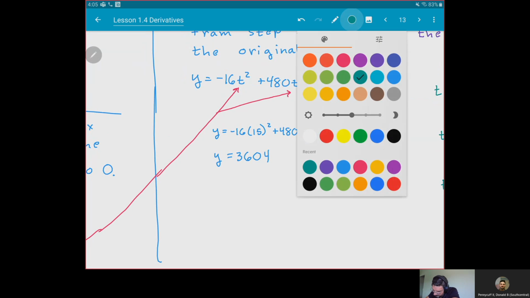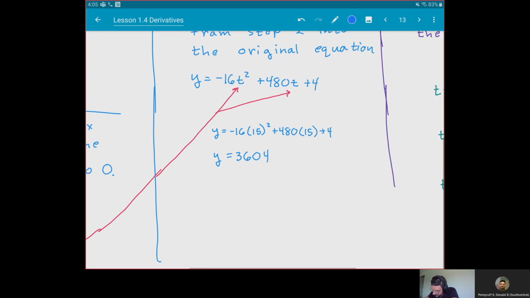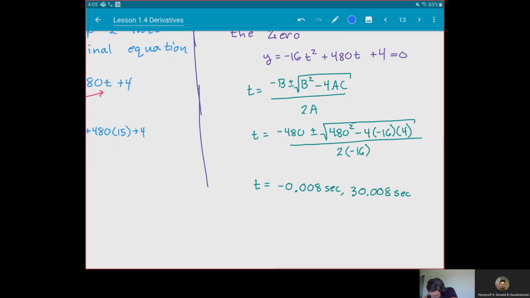If you want to find the speed when it hits the ground, just plug it into the velocity. So v equals negative 32t plus 480.